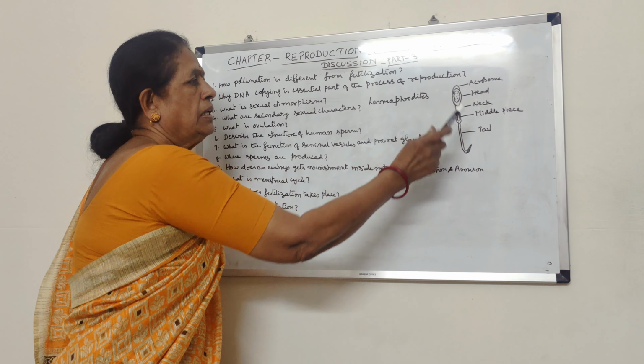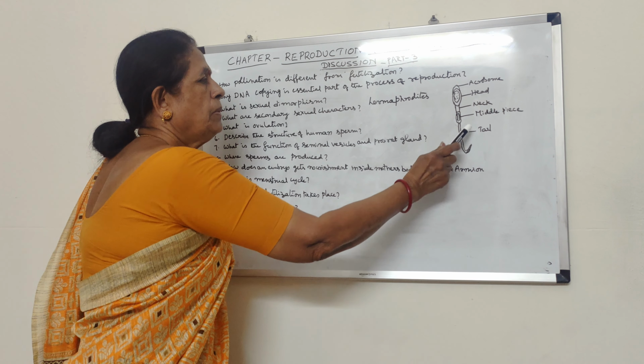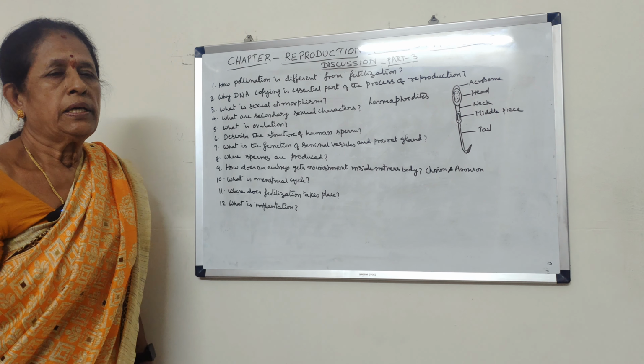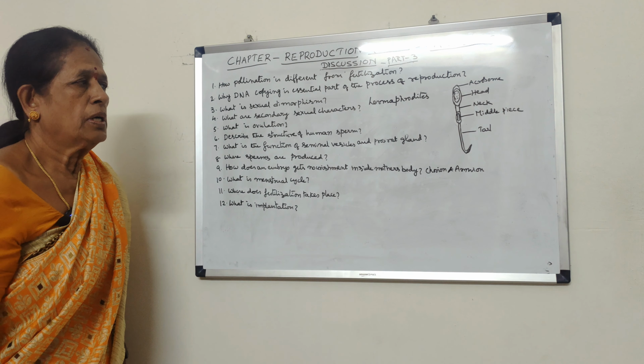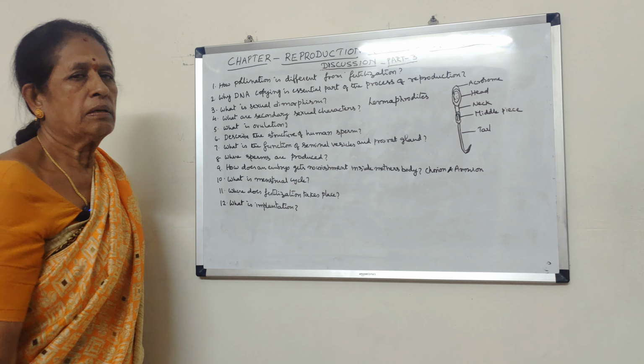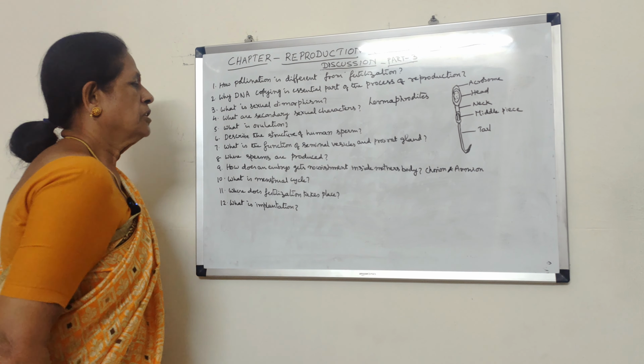The head contains a large nucleus. The neck connects the head and the middle piece. The middle piece contains mitochondria, which provide energy for the sperm to move or swim. And the tail helps in the process of movement or swimming. Okay, that is the structure of sperm.